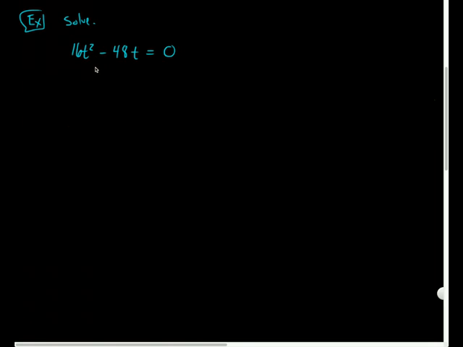So to factor this, in this case, I can steal out a greatest common factor, which I believe I could take a 16 out of both of those, as well as a t from both of those. So 16t times what equals 0? So 16t times t is 16t squared, and times negative 3 would equal negative 48t.